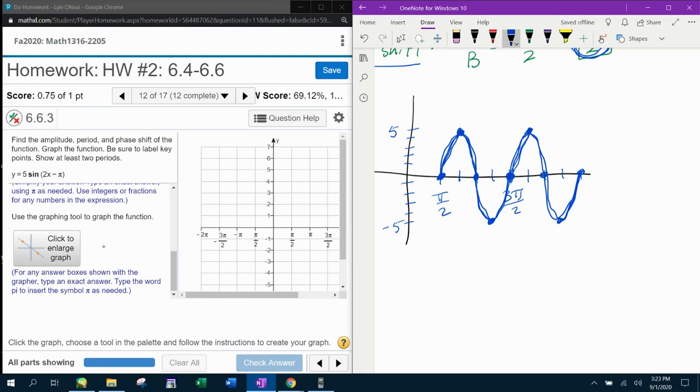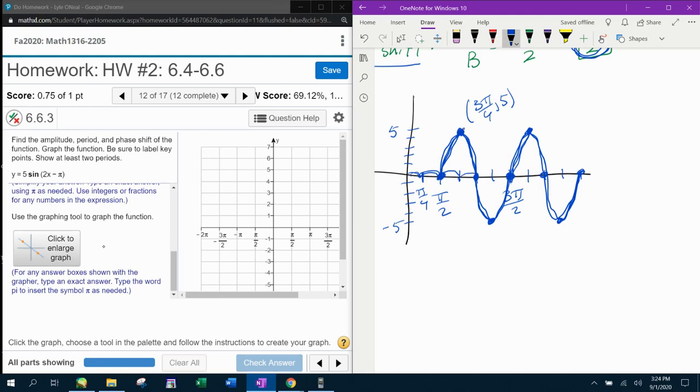Now, let's figure out what some of these points are. So if this is a half and I go back, this would be a fourth. So every one of these hash marks is going to be a fourth of a pi. Got that? So a fourth and a fourth is a half. 1/4, 2/4. So this point here would be 3/4, and 5 would be this point up here.